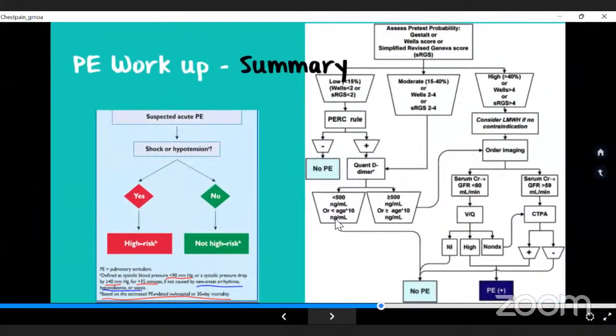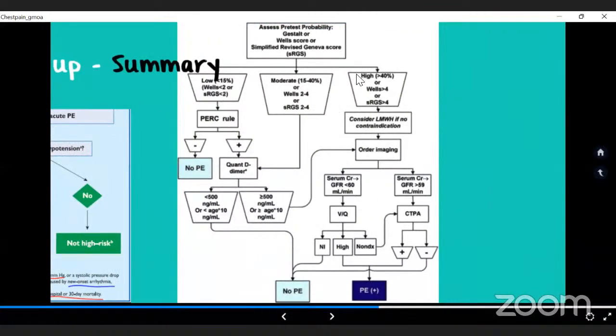Okay, now if the patient is having symptoms, think about this. And again, you need to use some risk assessment tools, because unlike myocardial infarction, it's not very easy to diagnose. The diagnostic test, CT angiogram, is not widely available in every country.